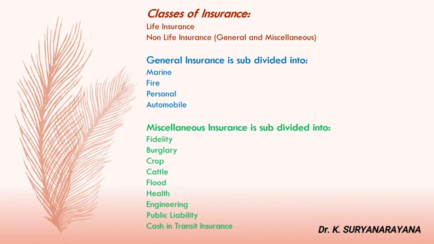Automobile insurance services. It is popularly called motor insurance or motor vehicle insurance. The Motor Vehicles Act 1939 provides for compulsory insurance for third party liabilities arising out of the use of motor vehicles.